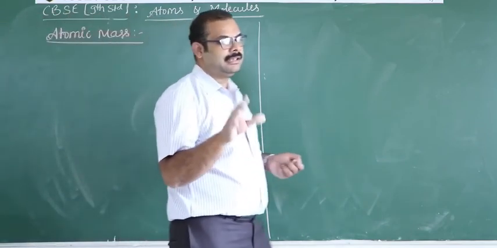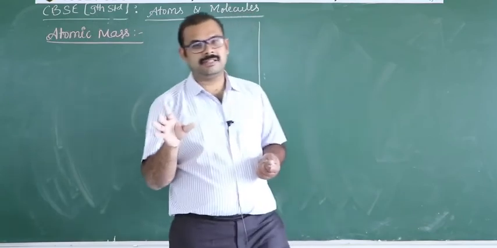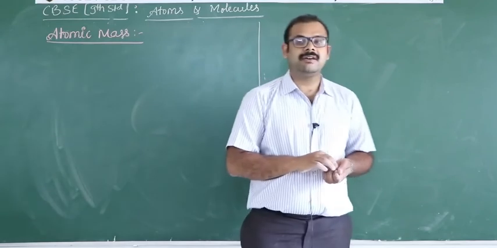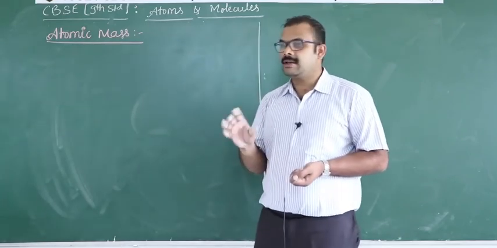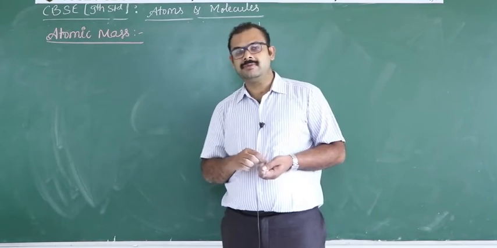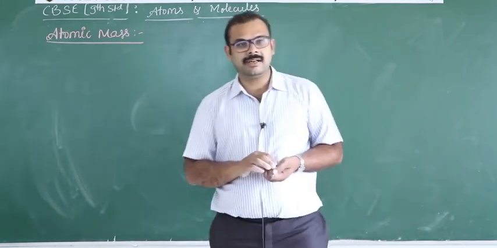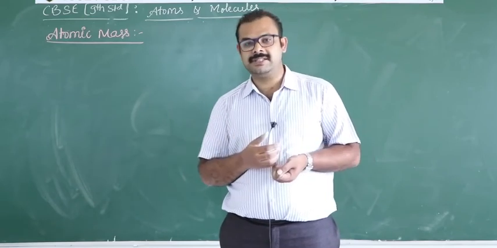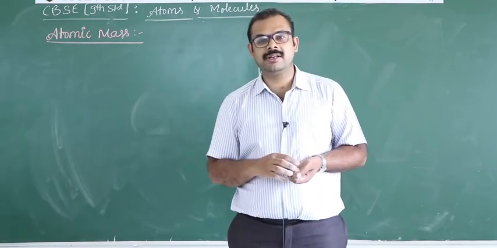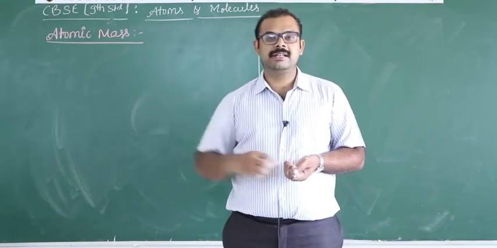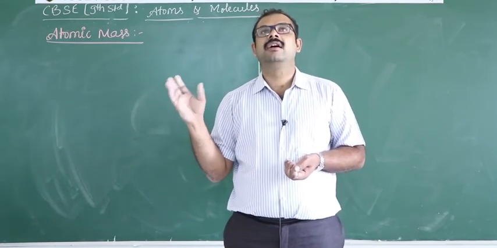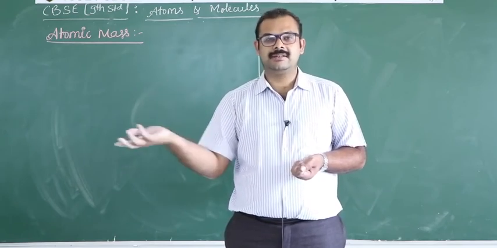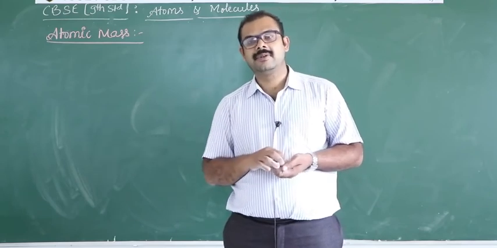The size of an atom is very small and we cannot see them. Then how can we measure the mass of an atom? While comparing any mass, what do we actually do? Say we go to the market to buy some vegetables. They have some weighing machines. They put some stones having a particular weight and they start putting some vegetables, half kg, 1 kg, 25 gram or 50 gram. There are different measures.